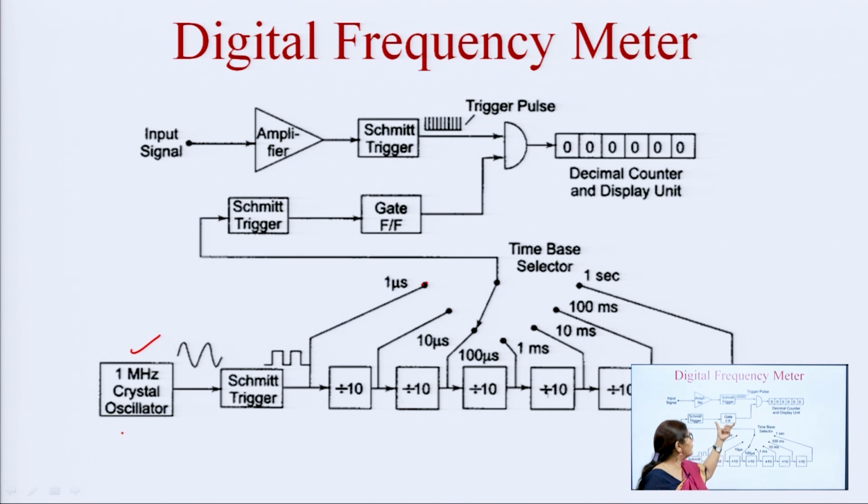So, when the Schmitt trigger switches on the gate flip flop, it will produce a pulse of the duration selected from the time base selector switch. Then the AND gate will open for that period of time and pass the number of pulses in this period.